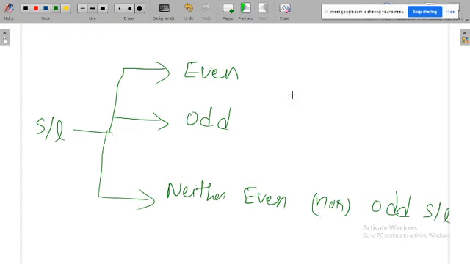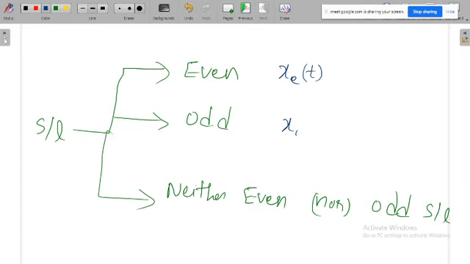So what is the notation to denote the signal? In general, the signal will be given in terms of x of t. But if you identify that the signal is really an even signal, then we can denote it as x e of t, because that signal is definitely even.